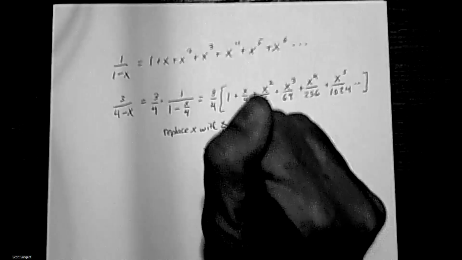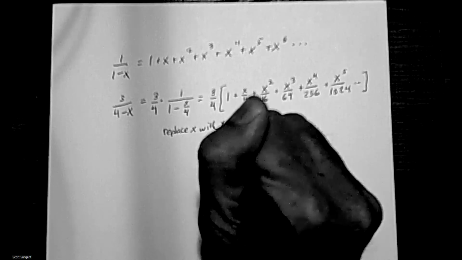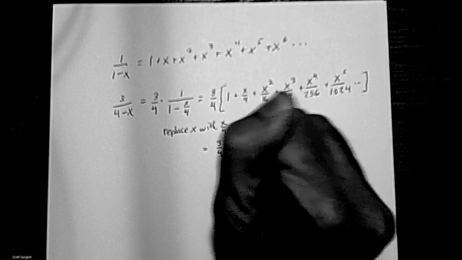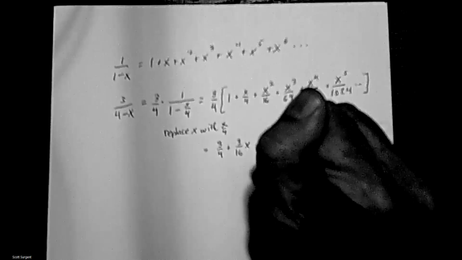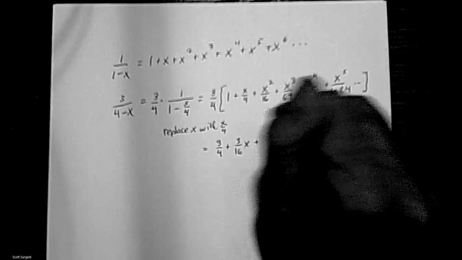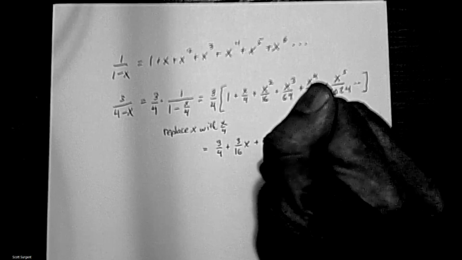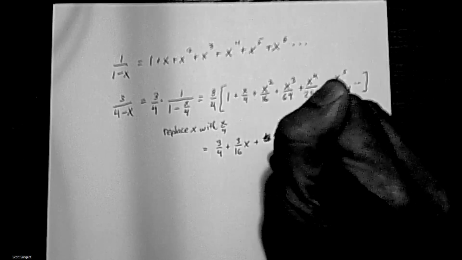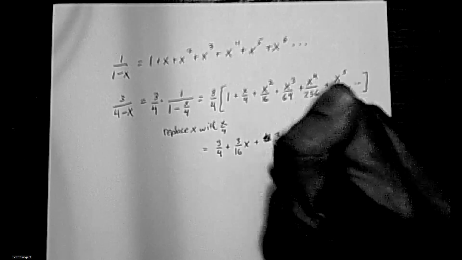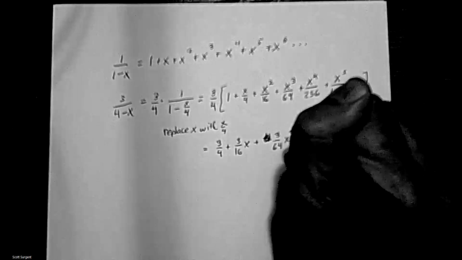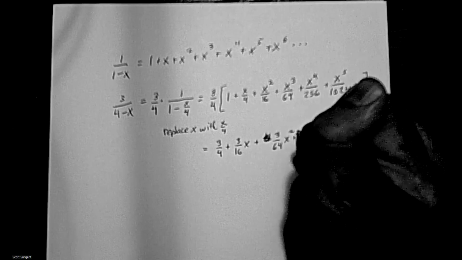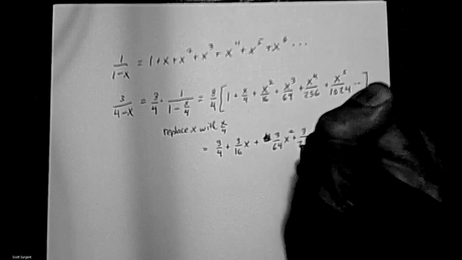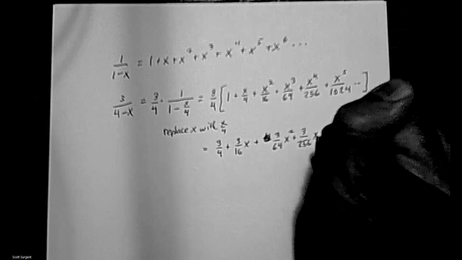And then I can move the 3/4 in just by simple distribution. And all the 4s on the bottom just increase by a power or a factor. So, oops, no, I'm sorry. 3 over 64 x squared, 3 over 256 x cubed.